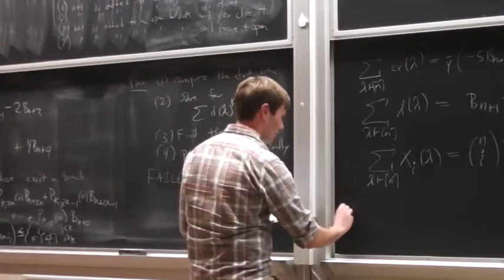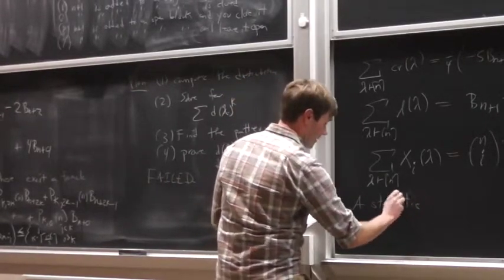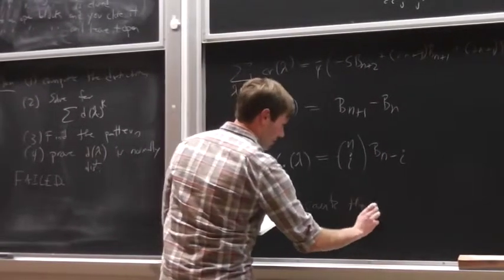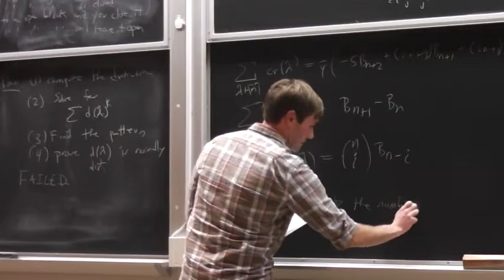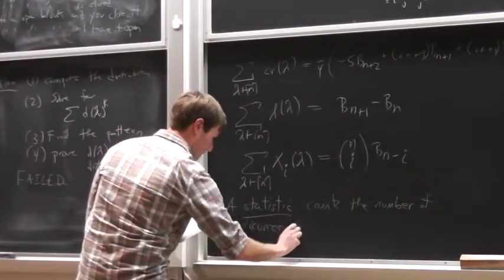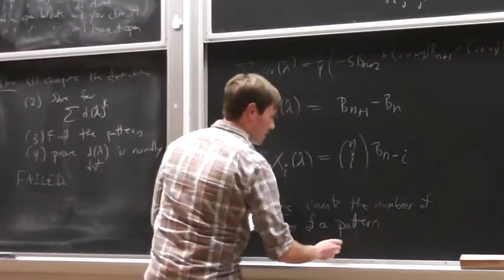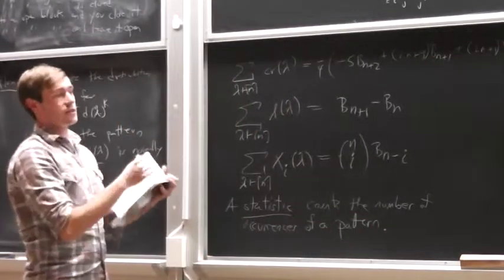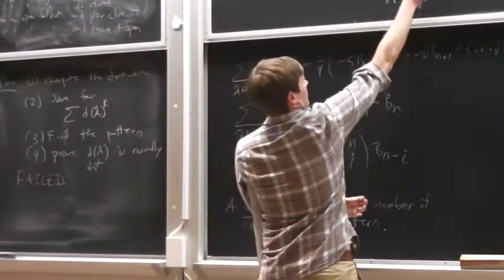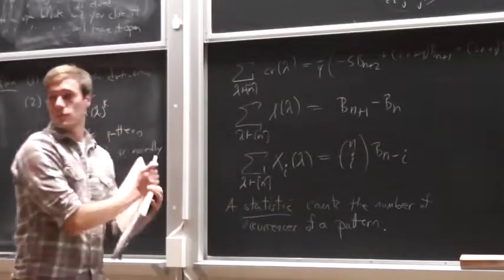Okay, so loosely, a loose definition is that a statistic counts the number of occurrences of a pattern. Okay. So, for example, if you want to count crossings, that's a kind of pattern inside of the arc diagram that you just want to count all the times I see that pattern.